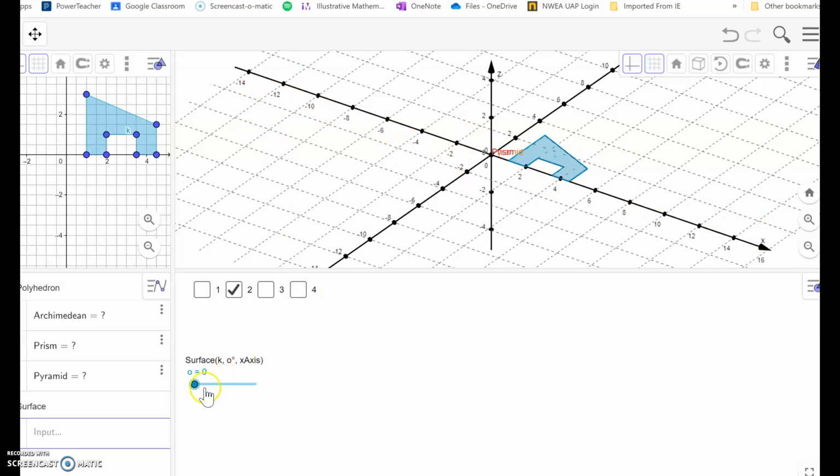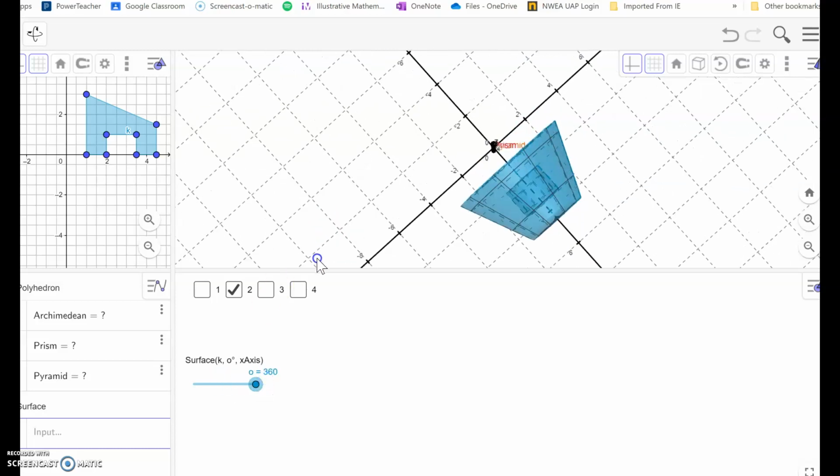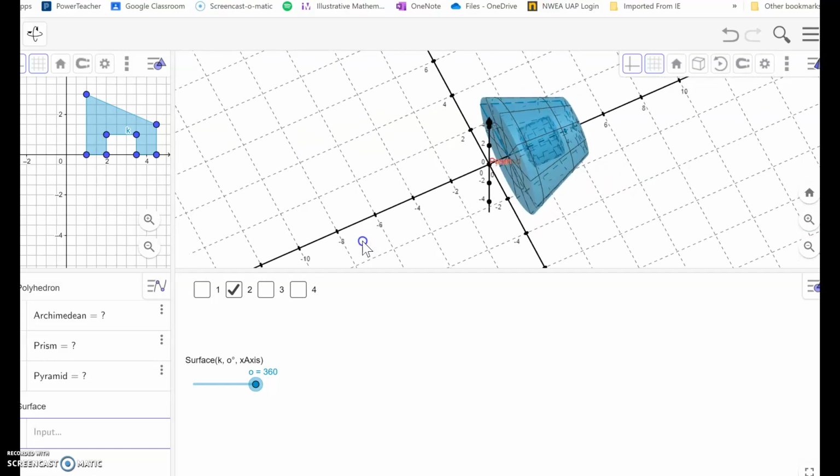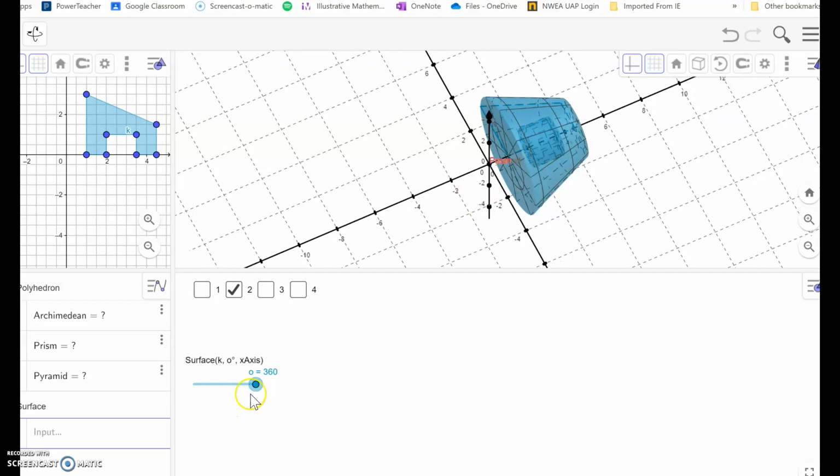I think this is going to be a truncated cone, and truncated just means that the top is cut off. So when I rotate that, notice it's a cone with the top cut off. Now notice in the middle here, it's hollowed out. That's kind of important. This little piece that's missing becomes a hollowed out center, so it sort of looks like a piece of Rolo candy.